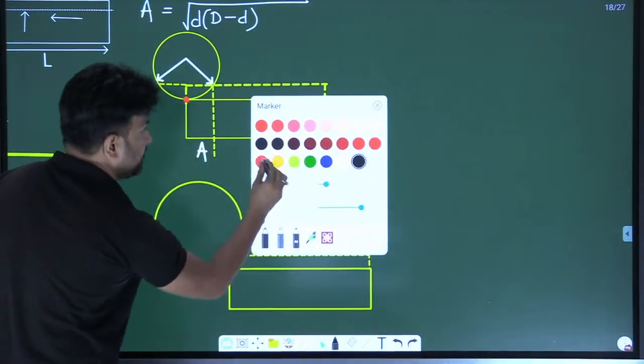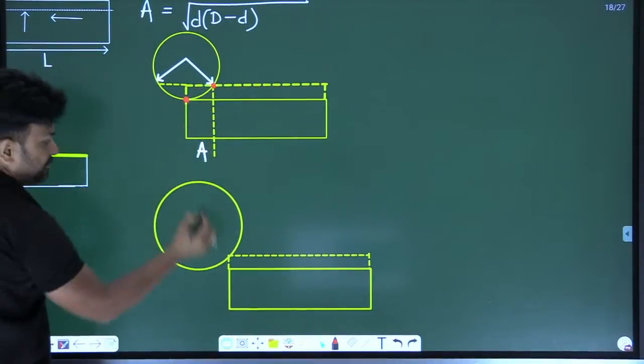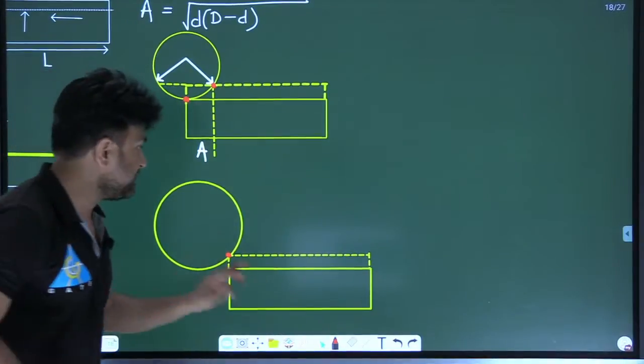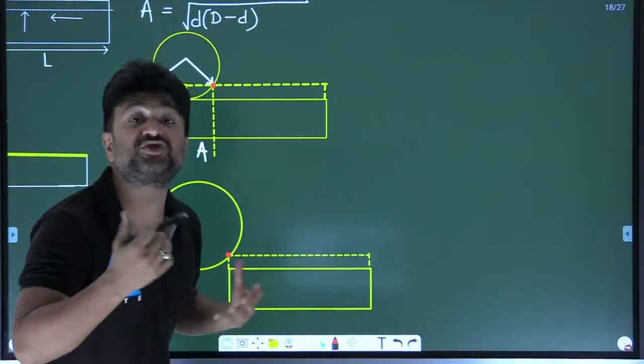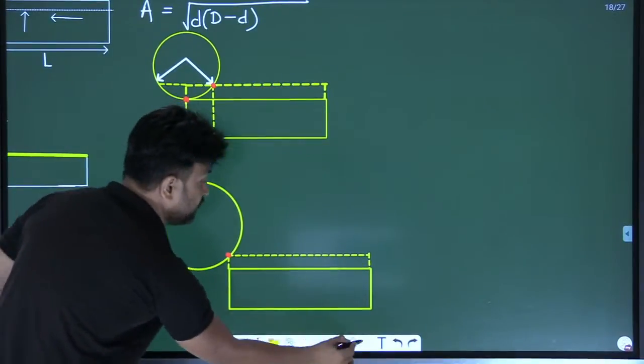Initially the milling cutter was there. Now this point comes here, and here there is no material.